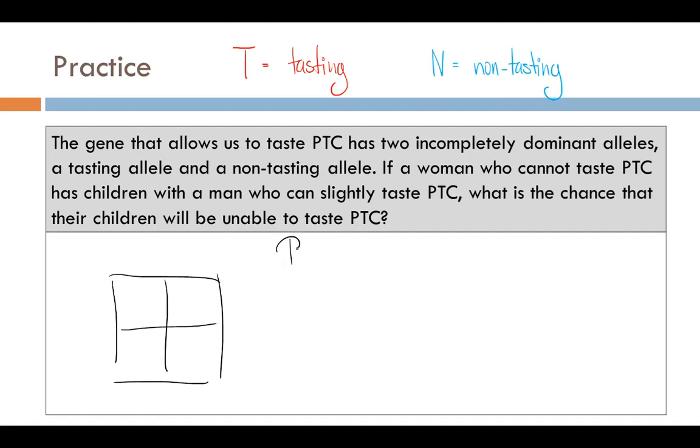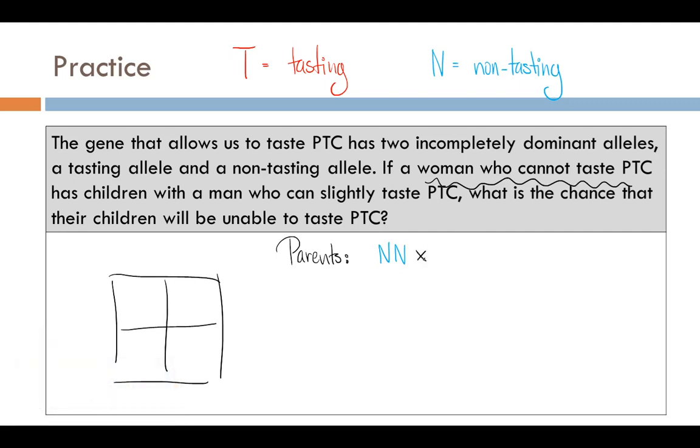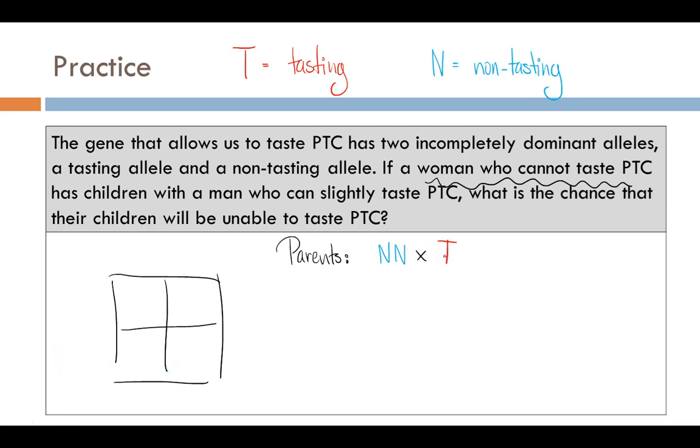The parents from the question are a woman who cannot taste PTC, so that means that she has two non-tasting alleles, and she is crossed with a man who can slightly taste PTC, so he has a tasting allele and a non-tasting allele.